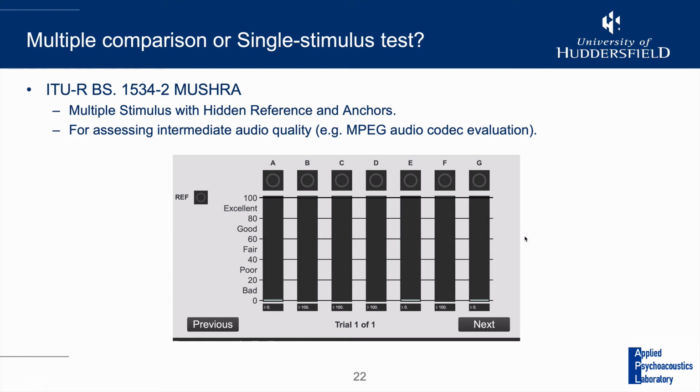The reference is the original quality audio always, and the stimuli are compared against the reference as well as against each other. And this kind of test has been designed for testing intermediate audio quality. For example, this is a standard method for testing MPEG audio codecs.